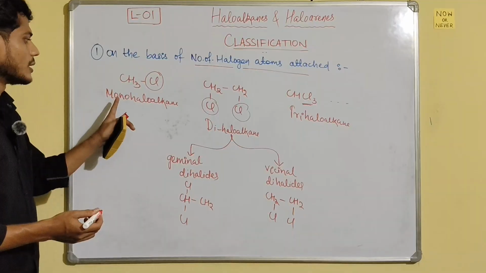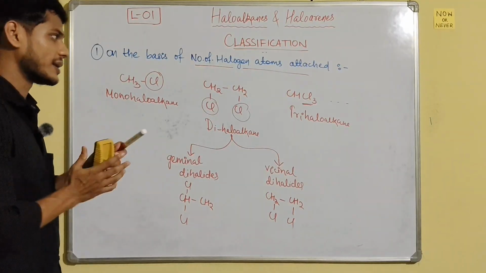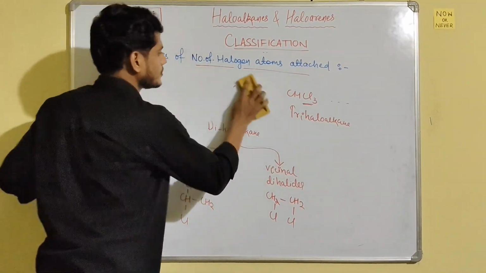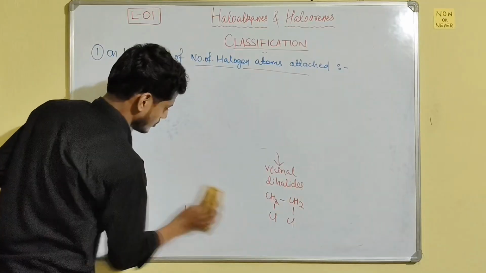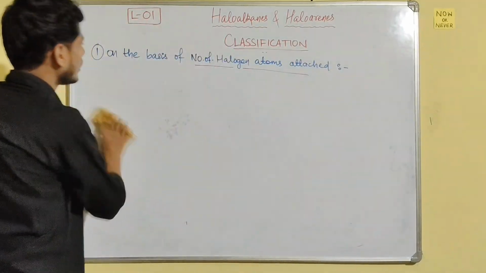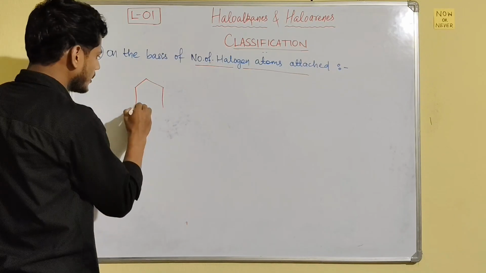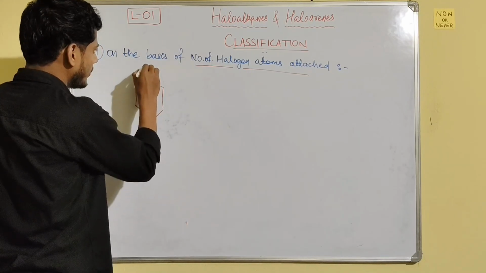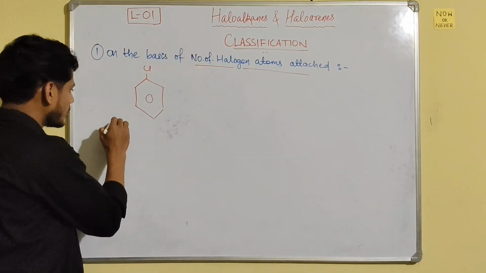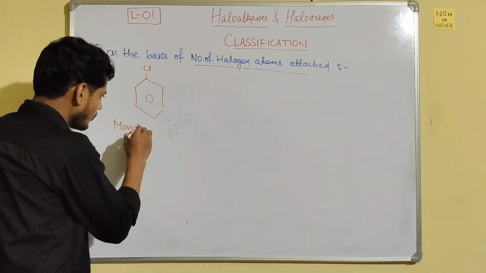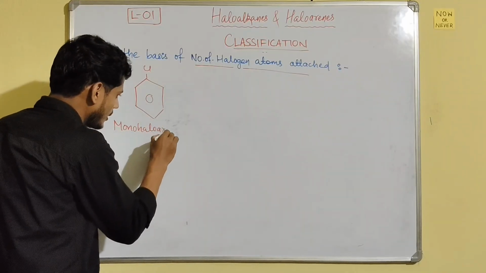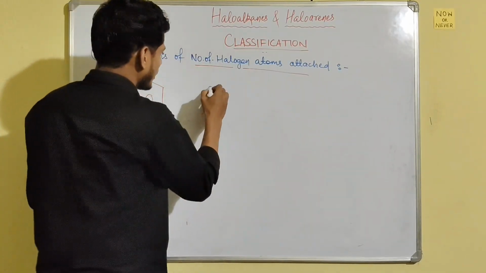Okay. So this was about our haloalkanes. Now coming on to haloarenes. So similarly, if we consider an aromatic ring, if one halogen is attached, it will be known as monohaloarene.